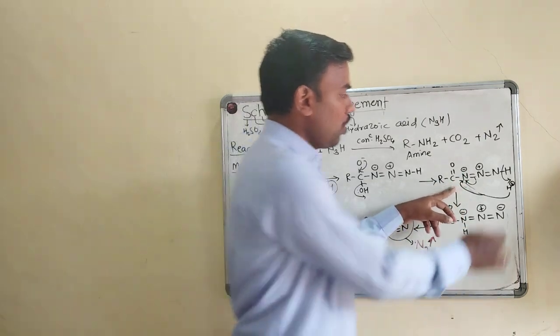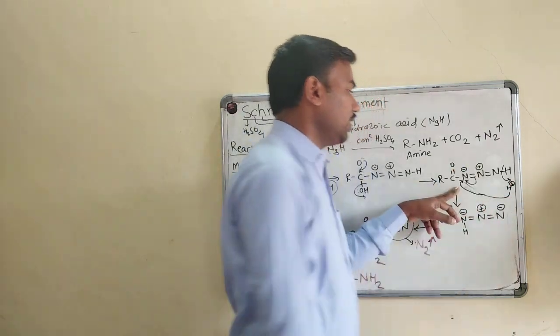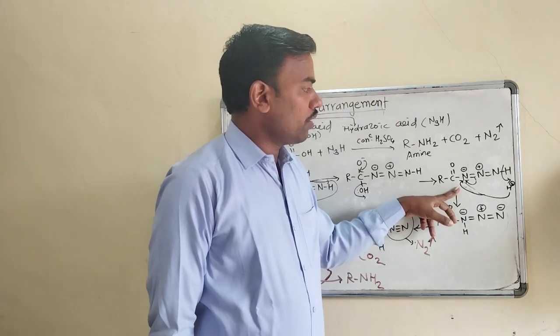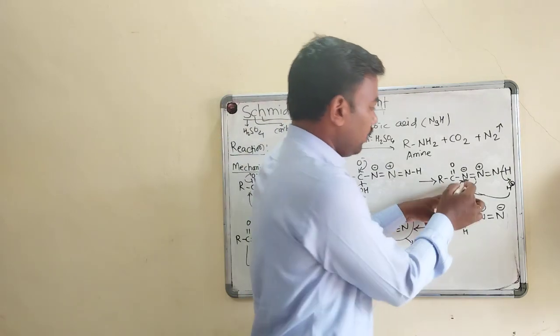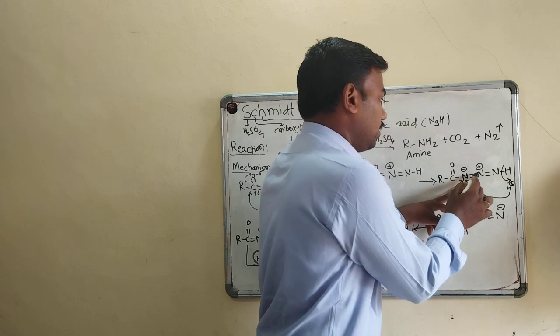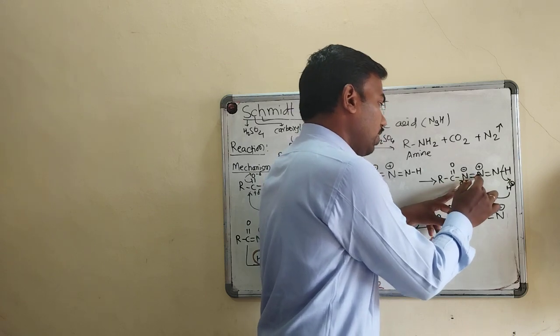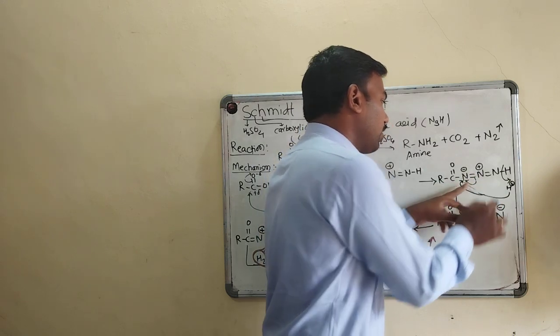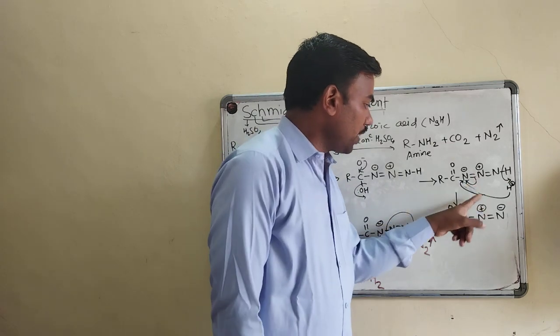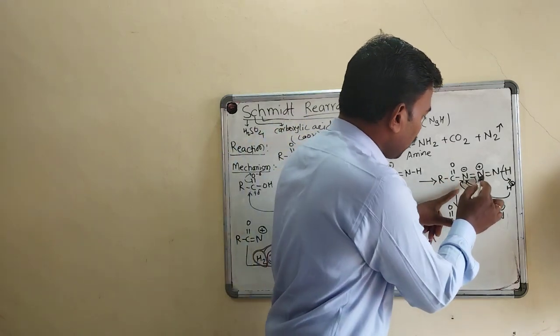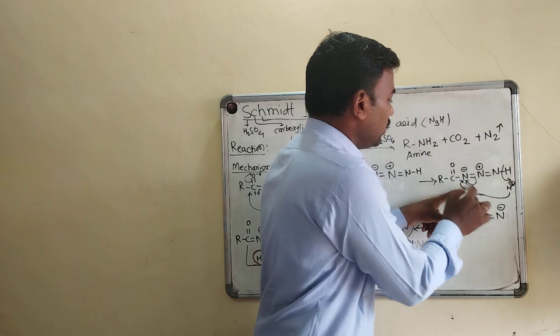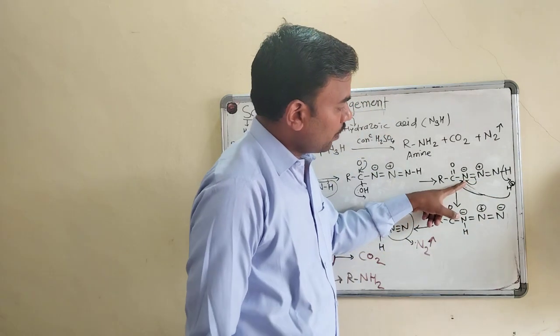So this hydrogen is attracted towards this nitrogen. So what will be further? Then here the double bond is shifted, or the electrons from this double bond are shifted over this nitrogen.